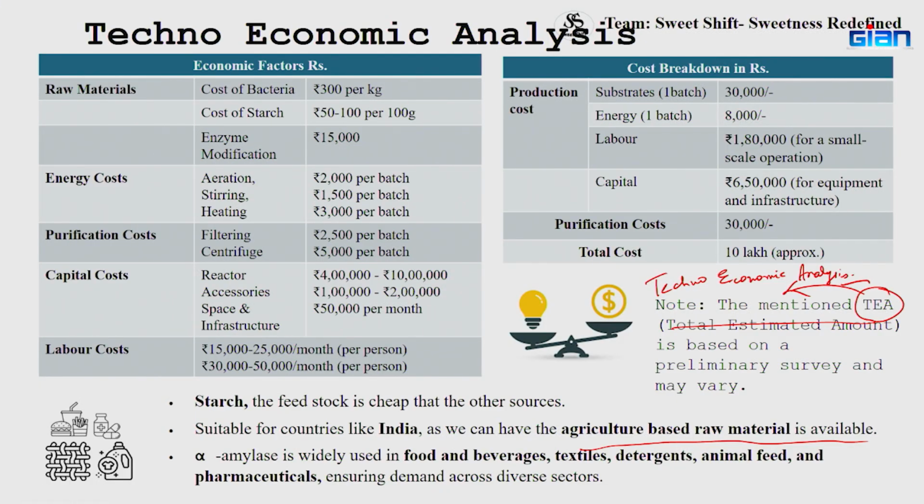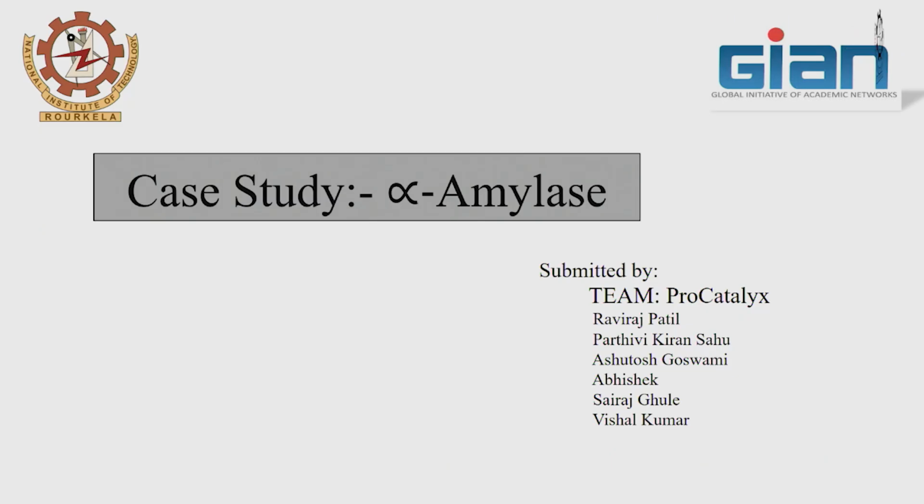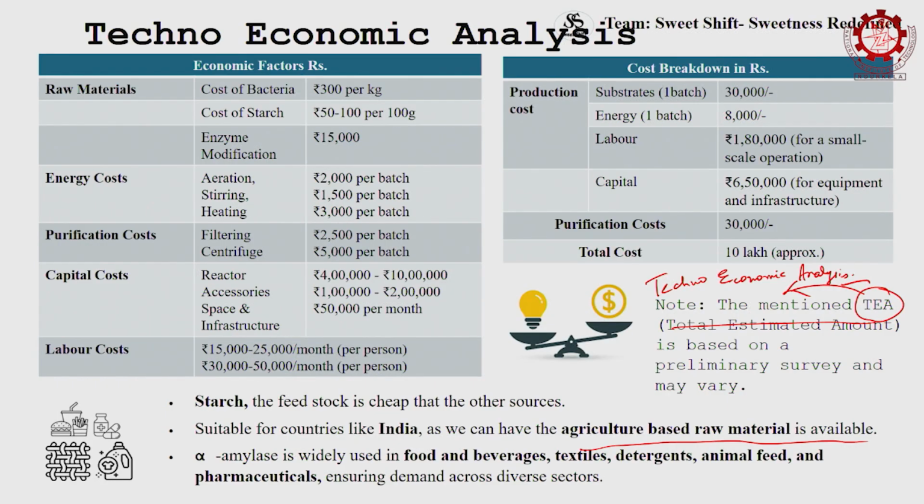The potential applications are also many compared with others, like food and beverages, pharmaceuticals, bio detergents, and animal feed. So alpha amylase production is done hugely in India, so it is a fruitful one. Anyone can make a change in the gene and run it.